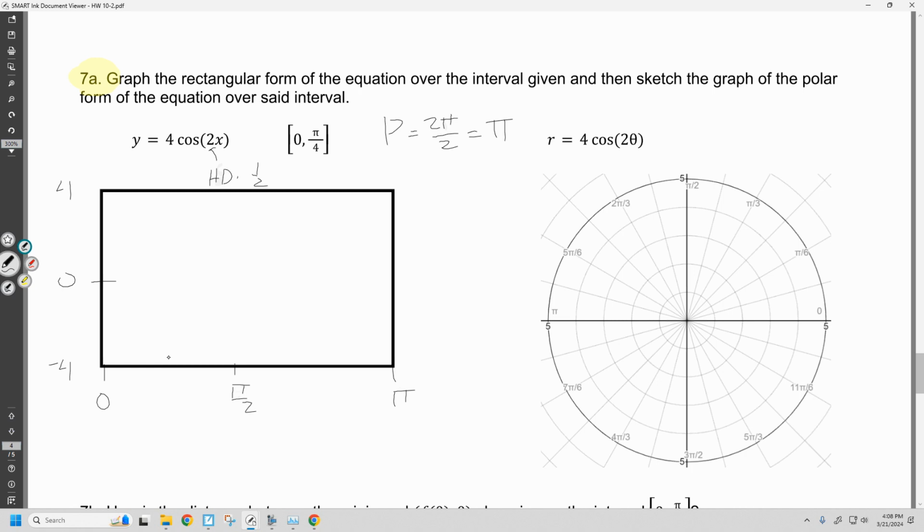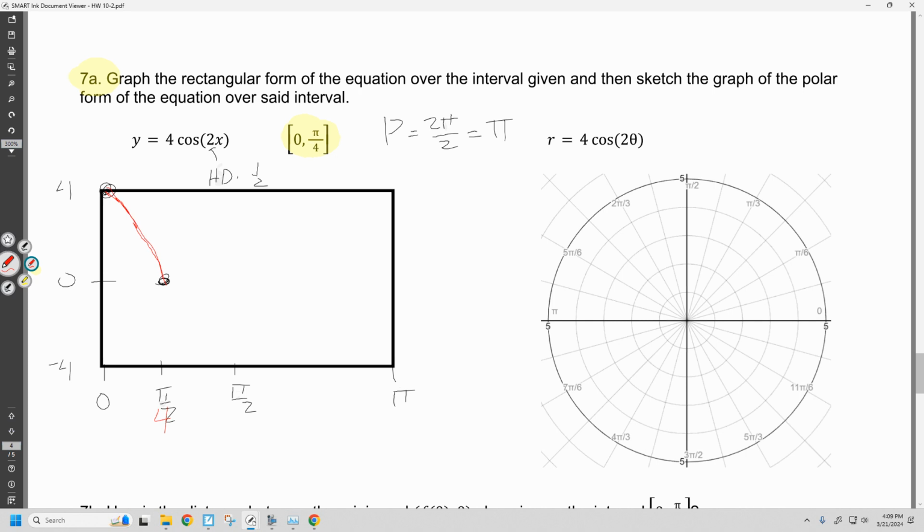But we are only asked to graph this from 0 to pi over 4, which means, this is pi over 4, which means I don't care about what happens after here. I just care about this amount.